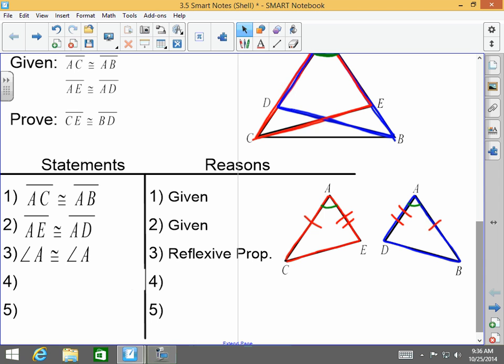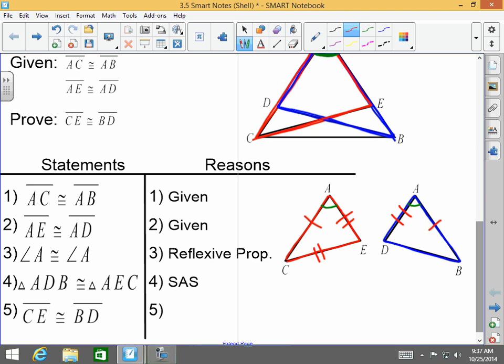So now I have my setup to prove that these two triangles are congruent. So I have triangle ADB, which is the blue one, is congruent to triangle AEC, which is the red one, because of side angle side. And now that I know that those two triangles are congruent, I can easily prove what I'm trying to prove, which is that CE is congruent to BD, which is right here, because of CPCTC.